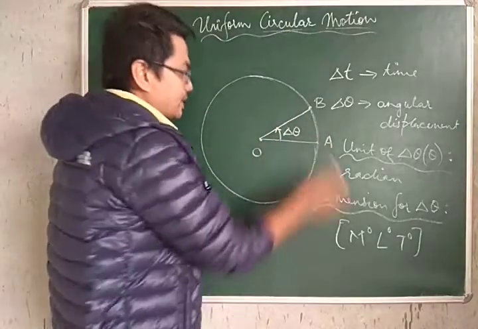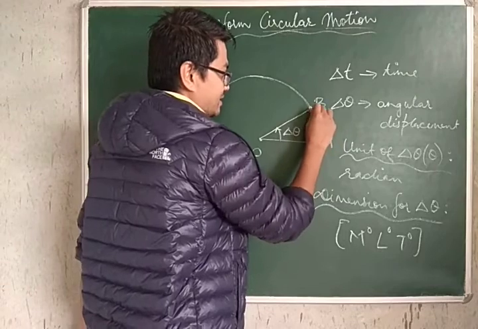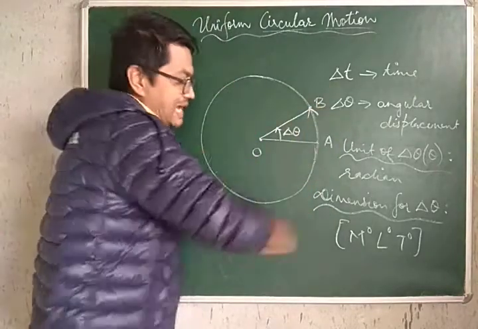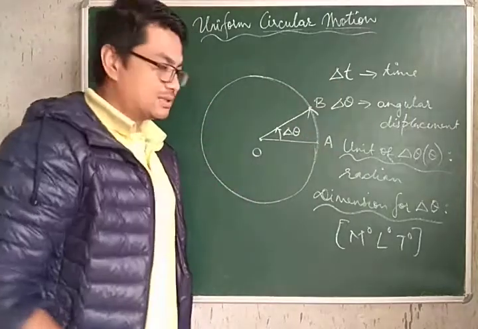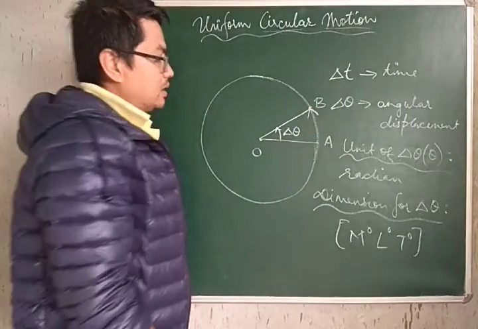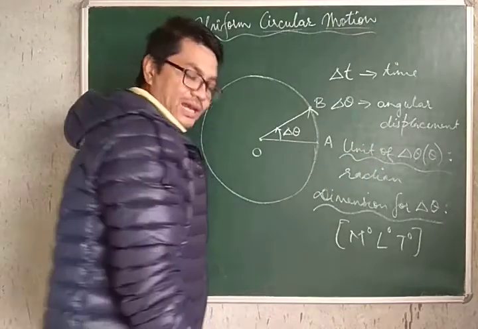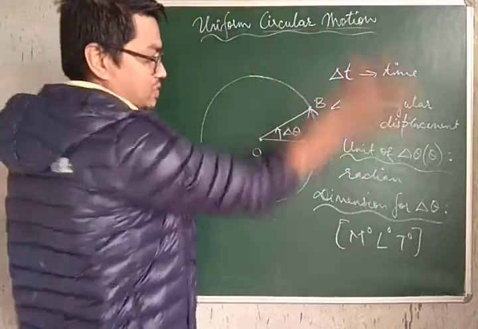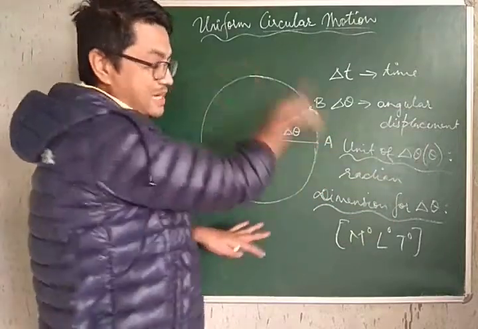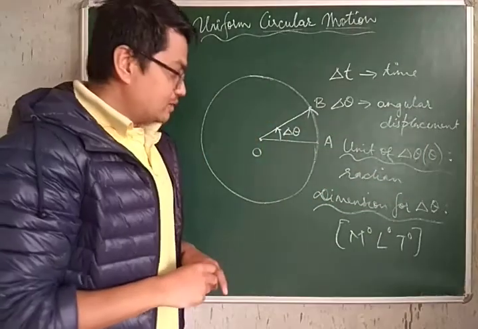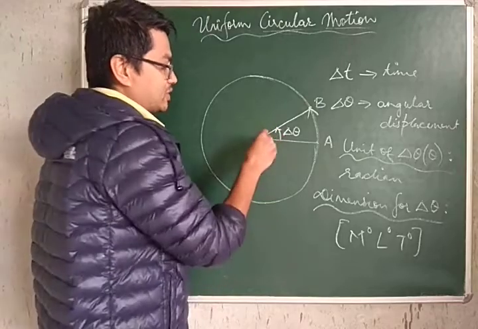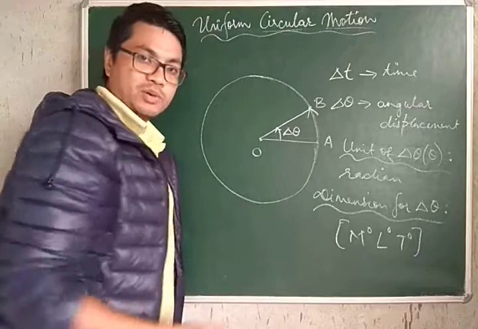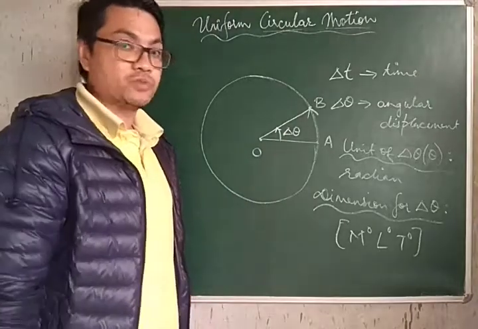So to say, since we are considering the movement of the body in this direction from A to B, that is, the body is going round the circular path in anti-clockwise sense, the direction of our angular displacement will of course be perpendicular to the plane of the board, the plane in which the motion is being executed. Now, perpendicular to the board, it could be going into the plane of the board or coming out of the plane of the board. So, which perpendicular direction will that be?